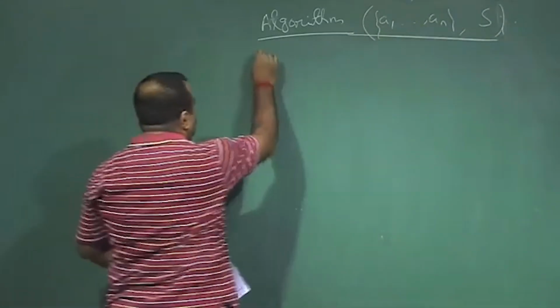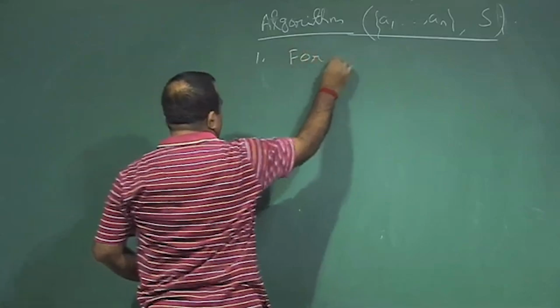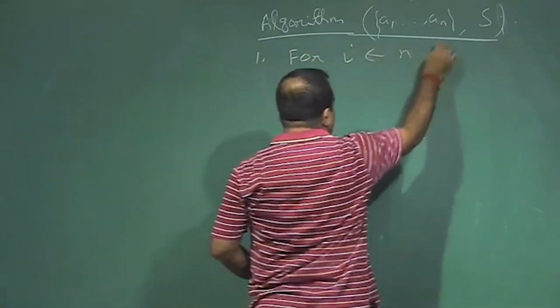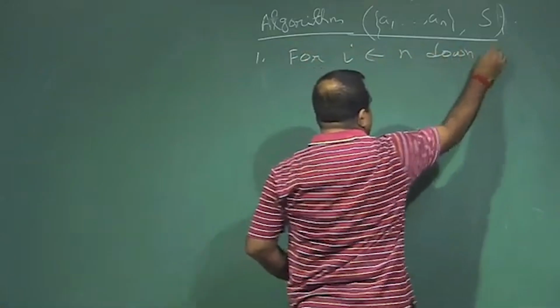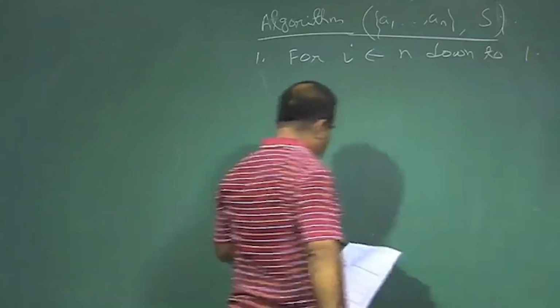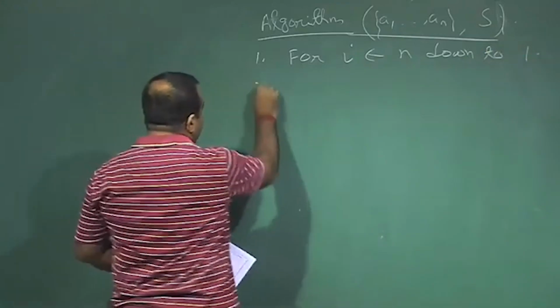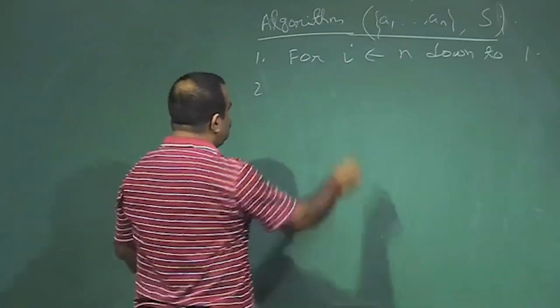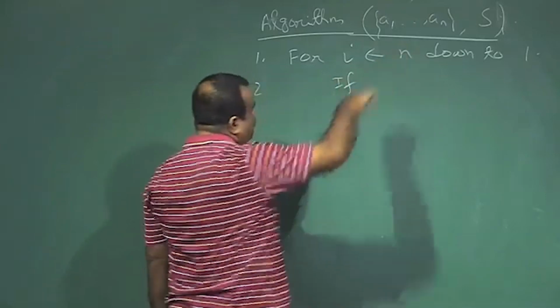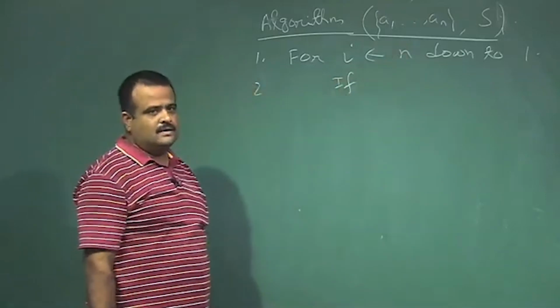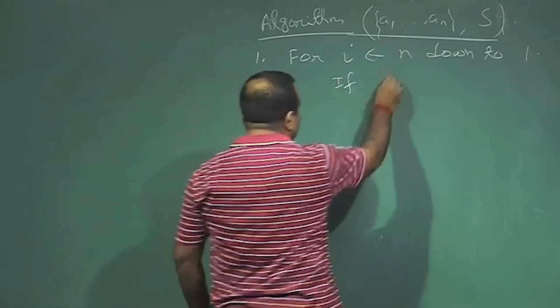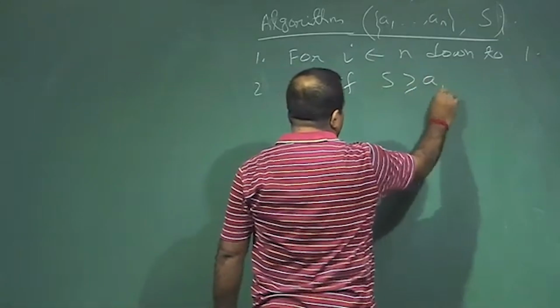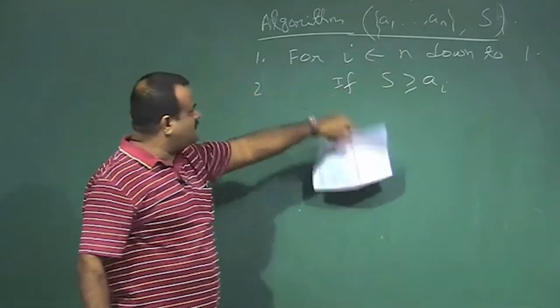So, we have a for loop, for i from n down to 1. So what are we doing? For this for loop we are starting from An.